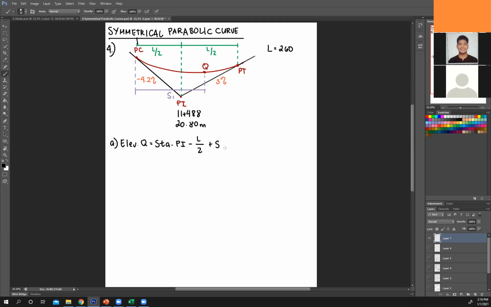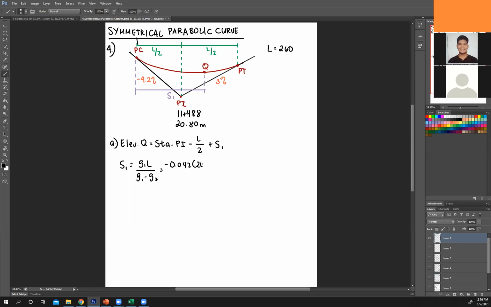So plus S1. Okay, so L is given, no problem there. The problem now is figuring out what S1 is. S1 is just solved using the equation. So S1 is G1L over G1 minus G2. So G1 is negative 0.042.